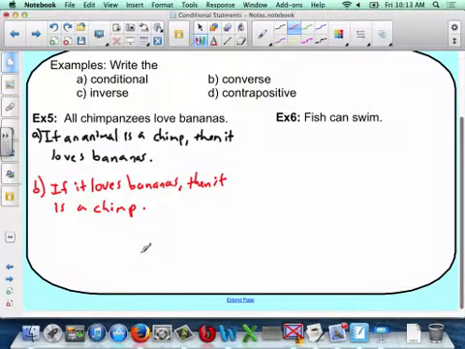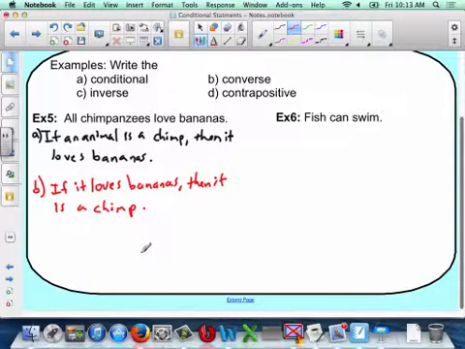So again, remember the converse, we're just flipping the hypothesis and conclusion. So the conclusion, it loves bananas, is going to move up after the "if," and then my hypothesis switches location and comes out to the "then." Now, over here, you have to make sure this is grammatically correct.